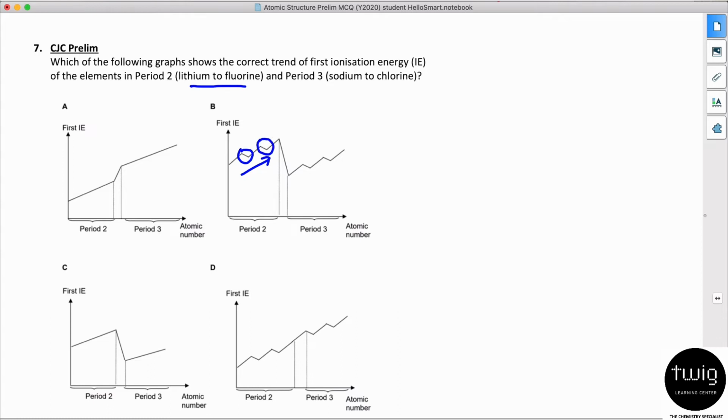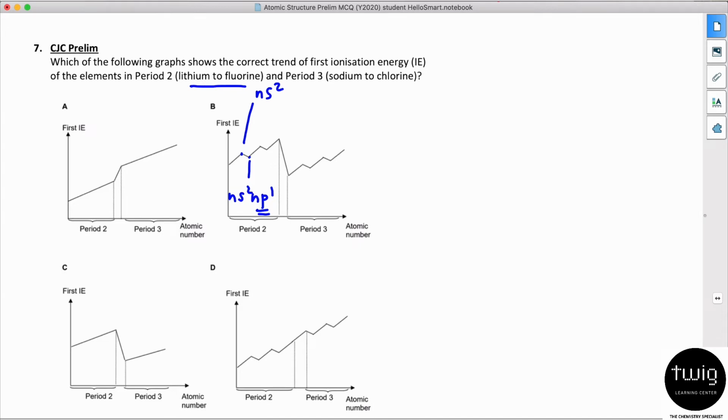So why is there a dip? This one is actually ns2, for example the first one here, in group 2, so ns2 only. This one over here is actually ns2 np1. So this electron is further from the nucleus, so it is easier to remove.